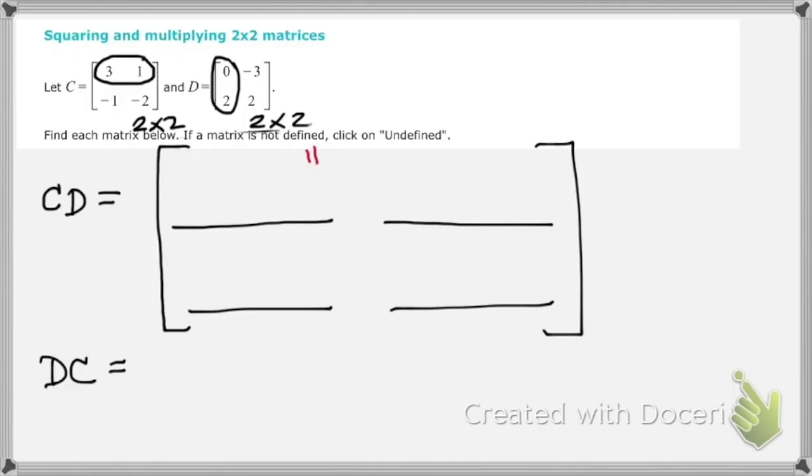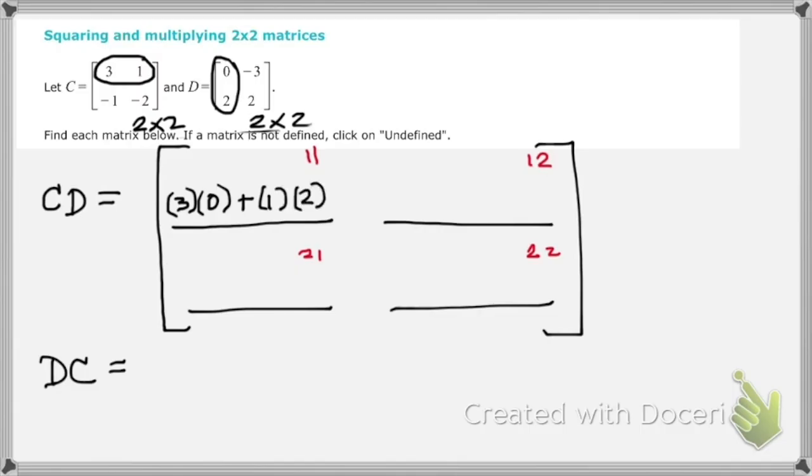Okay, so remember that's 1, 1, 1, 2, 2, 1, 2, 2. All right, so this is 3 times 0 plus 1 times 2.